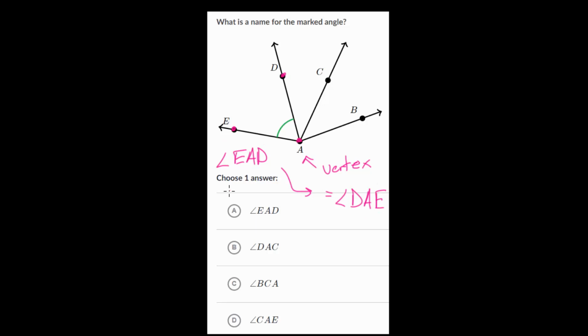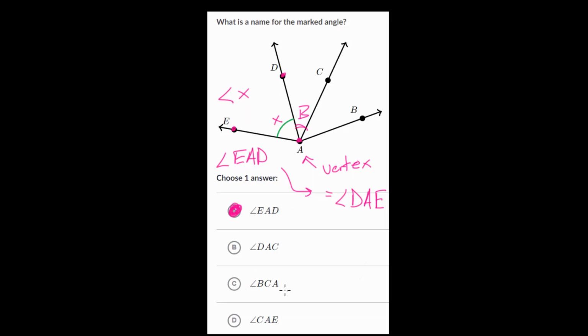So let's look at our answers, and you can see EAD is one of the choices. Now angle DAC, that goes from D to A to C, so that's this one right here. That is choice B, we could say. And you can also label angles with a letter too. Like if we called this X, we can also label this as just angle X. So that works as well, but usually we use 3 letters.